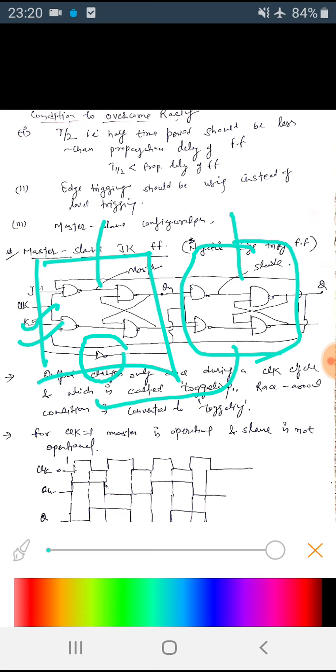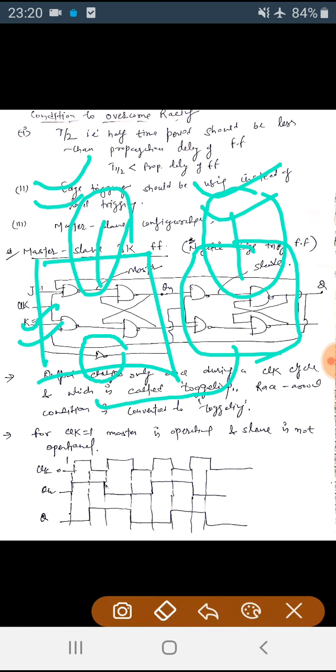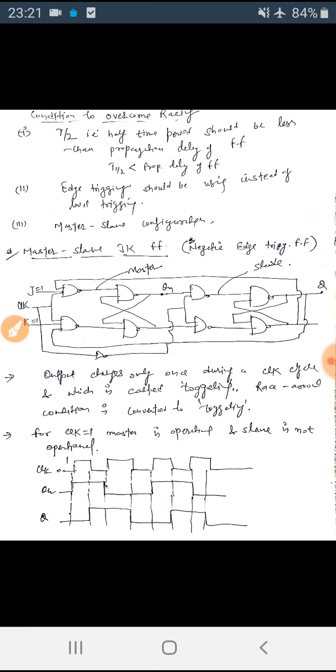If there is a change in state in one, there would not be a change in state in the second. It will remain in the same state until the clock goes low, and this one remains in the same state until the clock goes high. So what we have done using these two different clocks, that is complemented clocks, is that the output changes only once during a clock cycle.